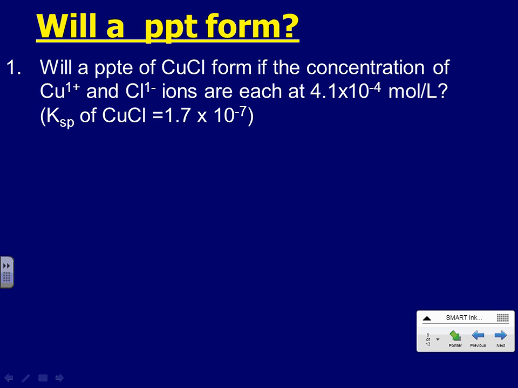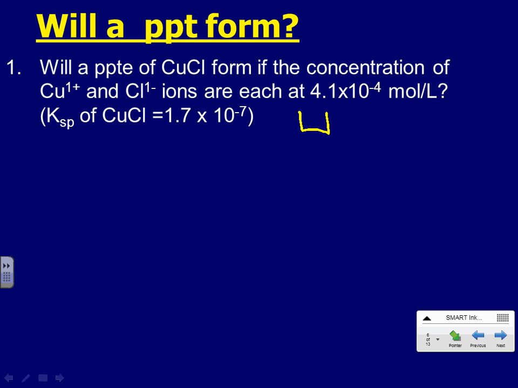Now we're going to start off slowly. This is the easiest of the easy. We're going to have some copper ions and some chloride ions, and we've mixed them into a container such that their concentrations are 4.1 times 10 to the minus 4 moles per liter.